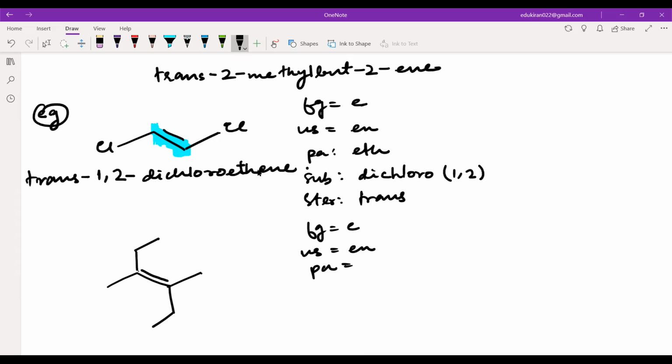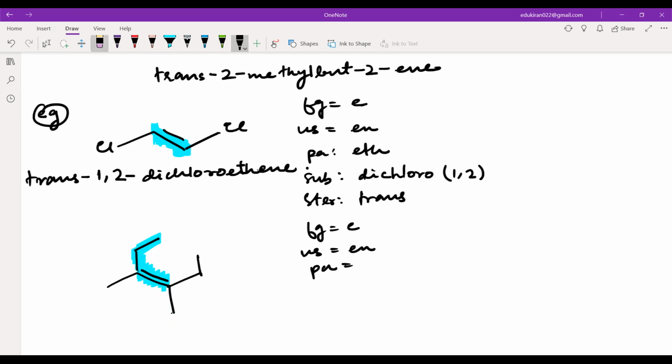The parent, it is what? Okay, wait a second. A lot of examples for the trans. This is also trans. Let me make it cis.